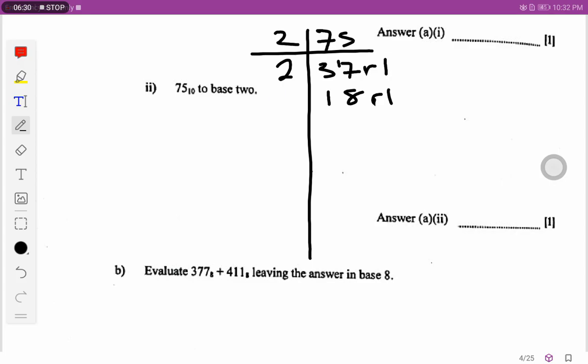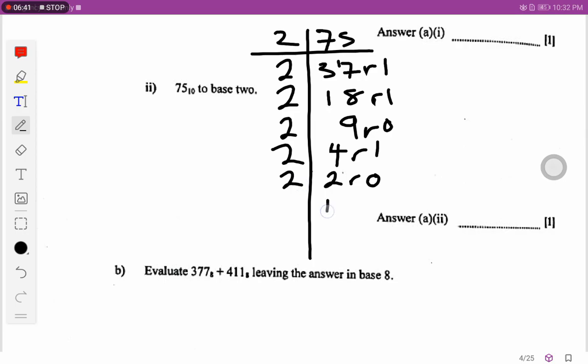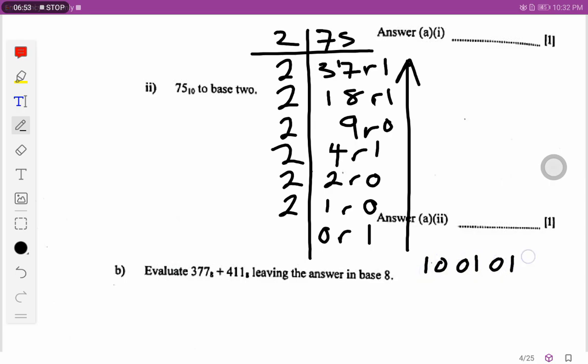Then 2 here, I get 9, remainder 0. 2 here, 4, remainder 1. 2 here, 2, remainder 0. 2 here, 1, remainder 0. And 2 here, 0, remainder 1. So the value, we take it from the bottom going up. So it's going to be 1, 0, 0, 1, 0, 1, 1. And we say base 2 like that.